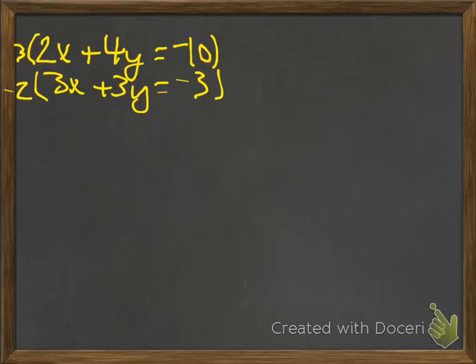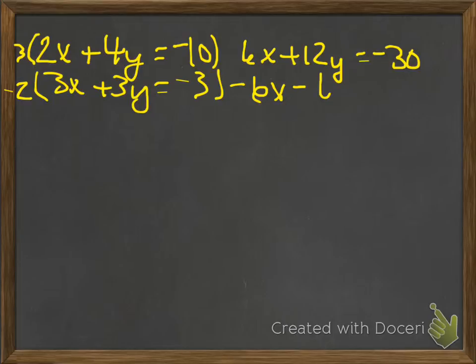Now, with those numbers in the front, what am I going to do? Distribute. Multiply. So I have 6x plus 12y equals -30. Let me finish this. -6x minus 6y equals +6, right?